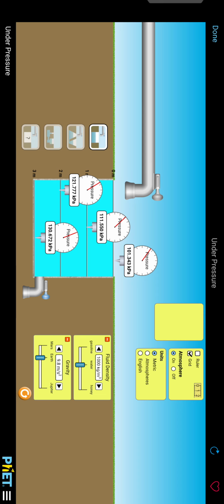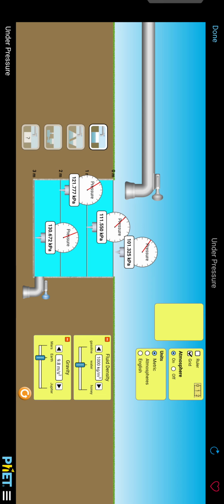At the surface is the pressure from sea level, which is 101.325 kilopascals.